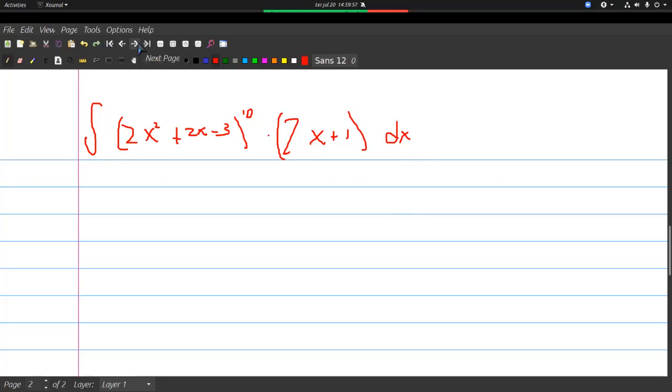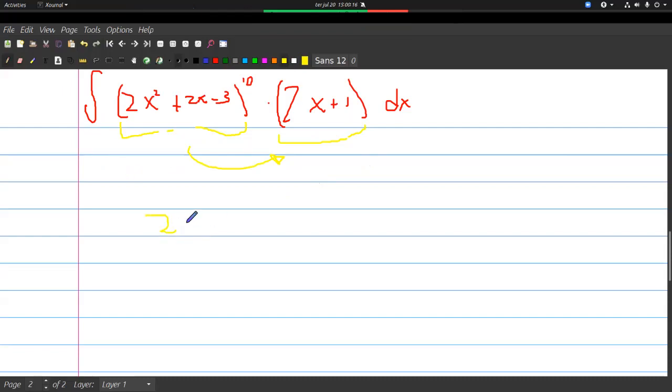Another thing that is very important is that normally for us to do that substitution, the derivative of this needs to be something like this. Let's say that we had only 2x squared to the 10th power. Let me change the color. Say it's 2x times x squared, for example.